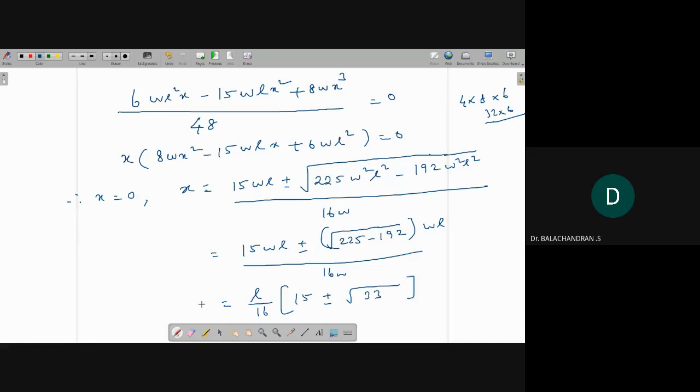So this is x. Now there are three possibilities: x is equal to 0, x is equal to L by 16 into 15 plus root 33, and minus root 33. Now the question is, out of these three, at which point does it attain a maximum value?